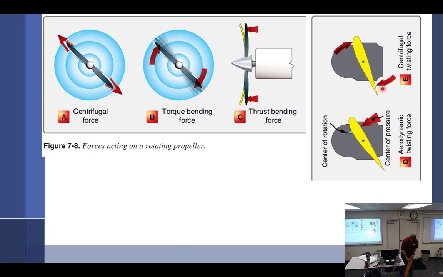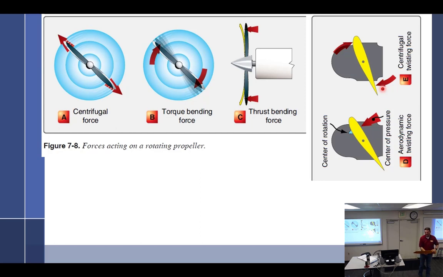I can't do it in this plane, but I can do it this way. If I take this blade and hold it like this, you want to duck because I'm going to spin around real fast. You're going to see that as I spin real fast, it's going to want to naturally go this way. Sometimes I lose it. So you guys ready? I'm just kidding. Let's go. Oh, look, see, I told you. But it does.